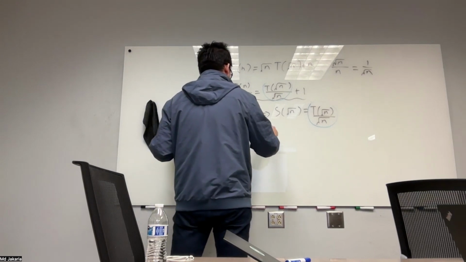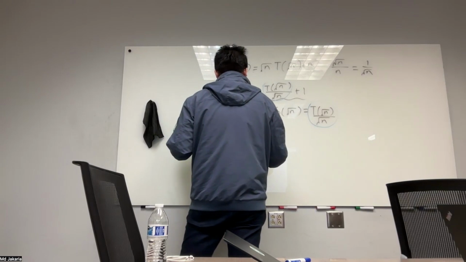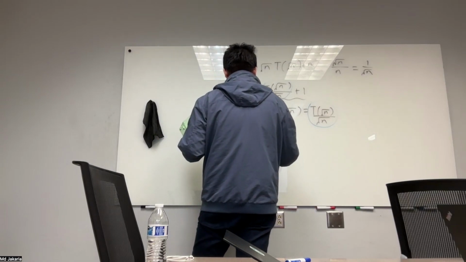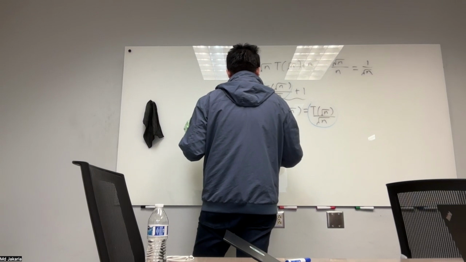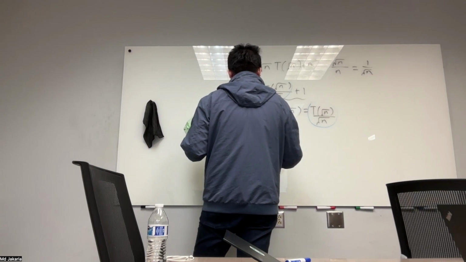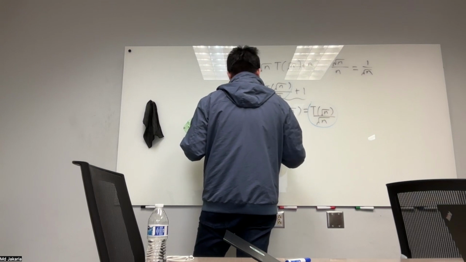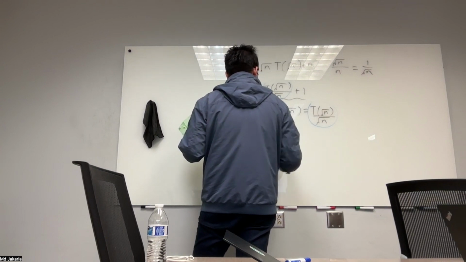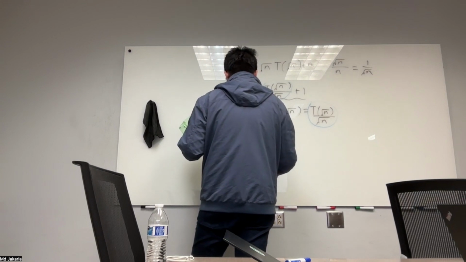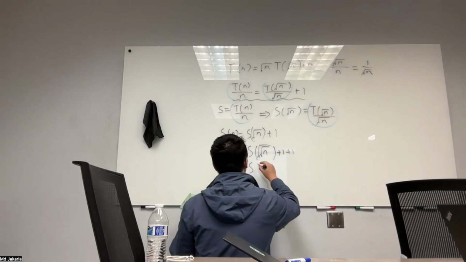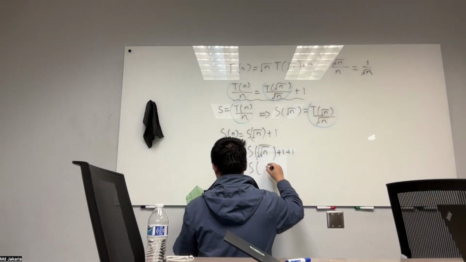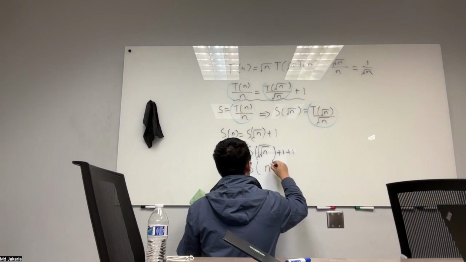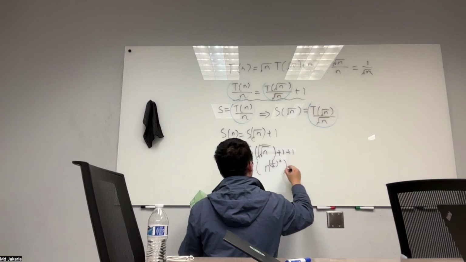S of n is this one for now, and then that equals S of square root of square root of n, plus 1, plus 1, which is S of n to the 1/4, plus 2.